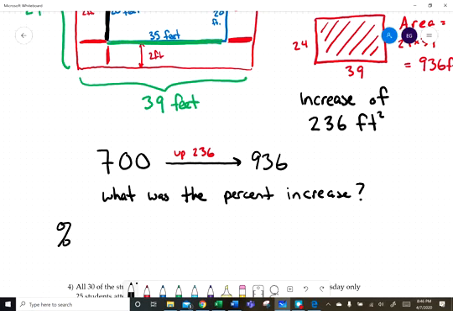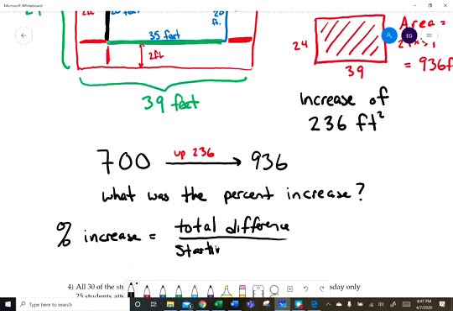Percent increase is equal to the total difference, or the total change, divided by the starting amount. Okay, so the total difference, that's the 236, and the starting amount, that's the 700.